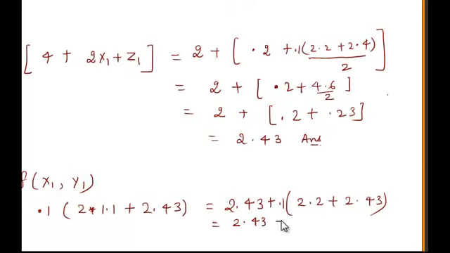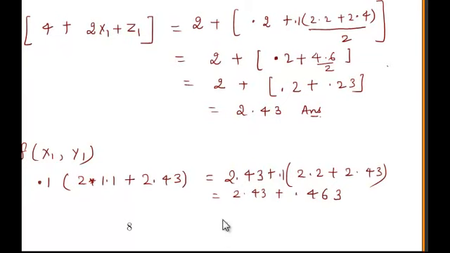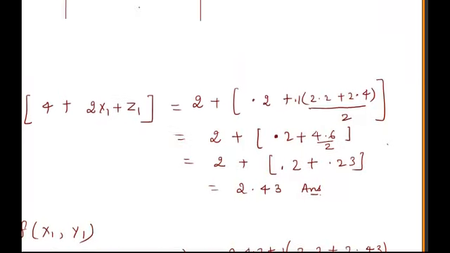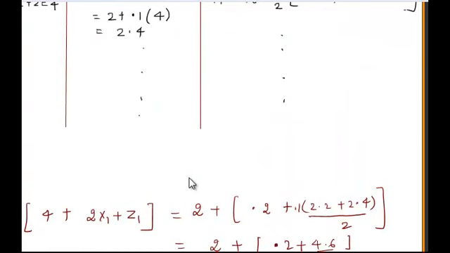So we have here 4.63, which is 0.463, and therefore we have 2.893. So this is z2. Having z2, let's write the value here. z2 is 2.893.